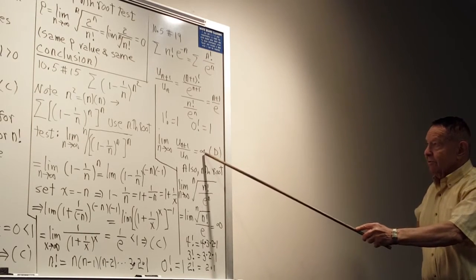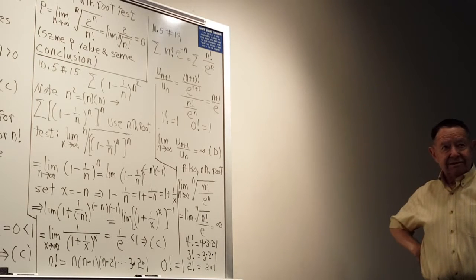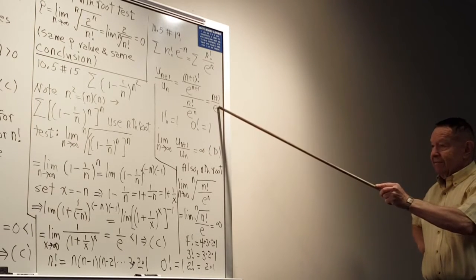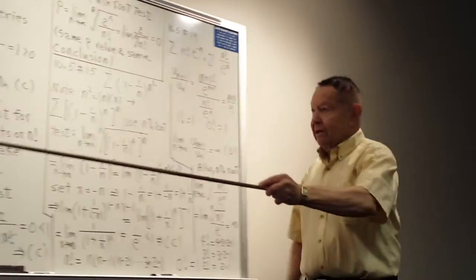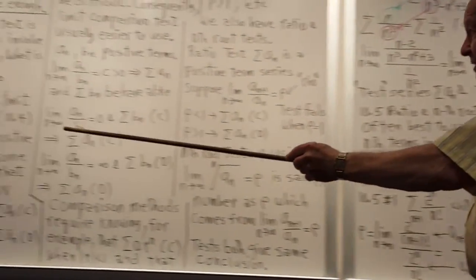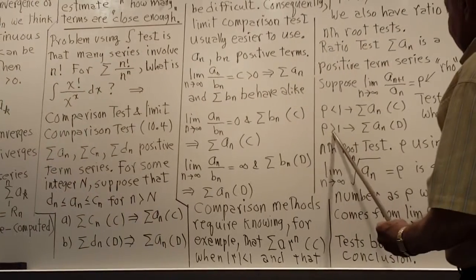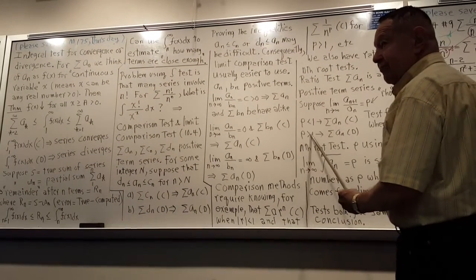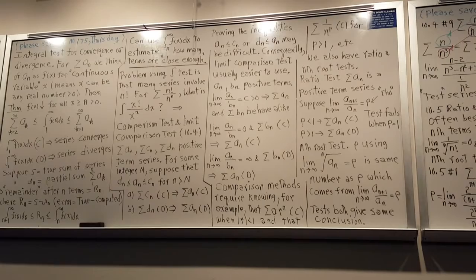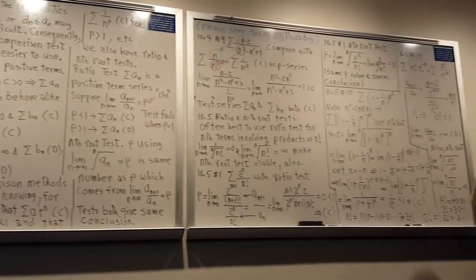And so what you have is infinity, which is greater than 1 for your ratio test. Rho greater than 1, that includes infinity. So you have a divergent series.